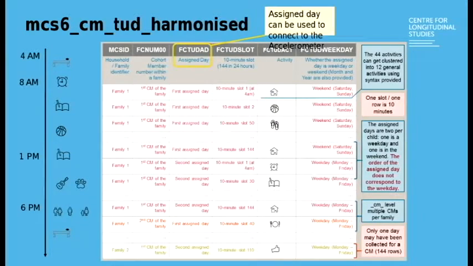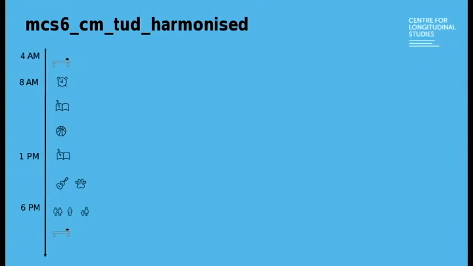And only one day may have been collected for a cohort member, which means that there will be only 144 rows for the child. So let us imagine that the day starts from 4 a.m. and continues, and the cohort member responds in the questionnaire by saying what activity they have been doing.